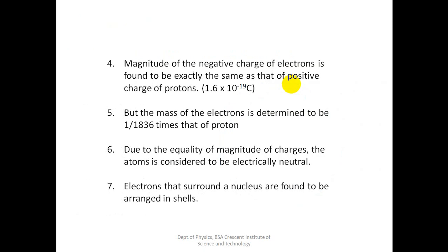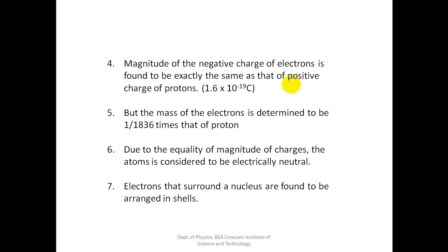If you come to the magnitude of the charge of the electron, we already know it is 1.6 × 10^-19 coulomb. In the same way, protons have a magnitude of charge almost the same as the electronic charge magnitude, which means by magnitude the values are the same for protons and electrons, except that electrons are negative and protons are positive.